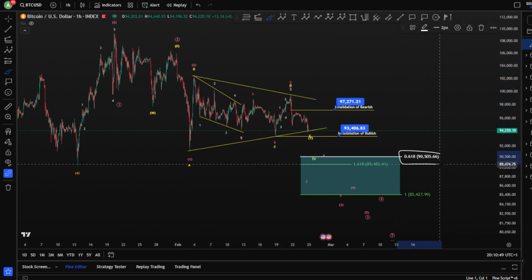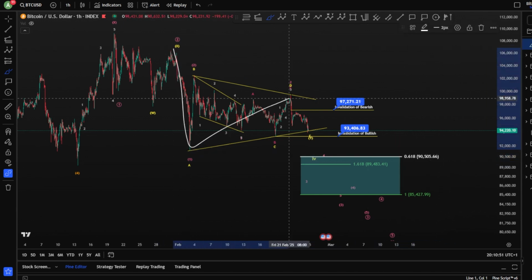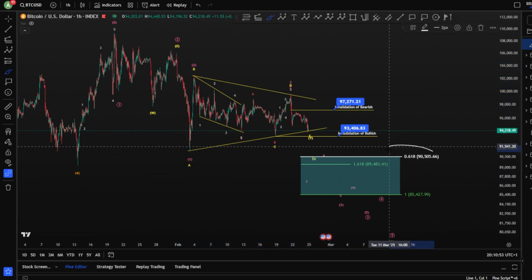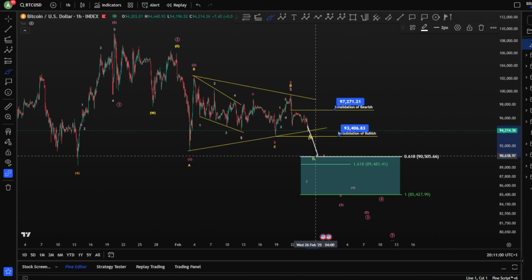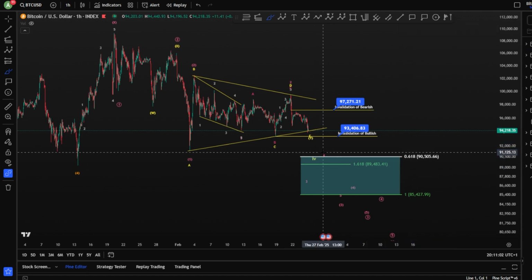So for the uncommon target for this wave C, I took the zigzag fib level, as you can see here. 0.618 is the uncommon target for a wave C at 90K 500.